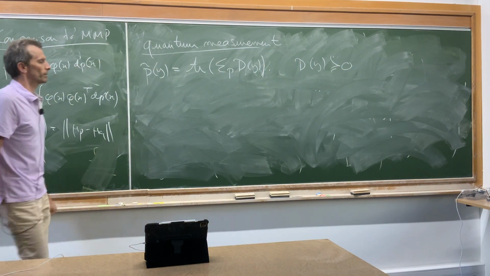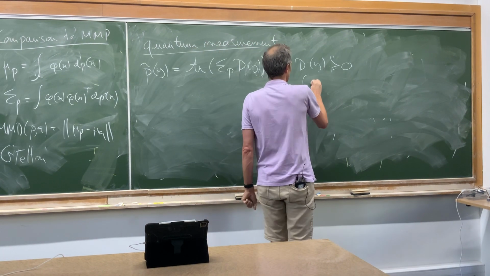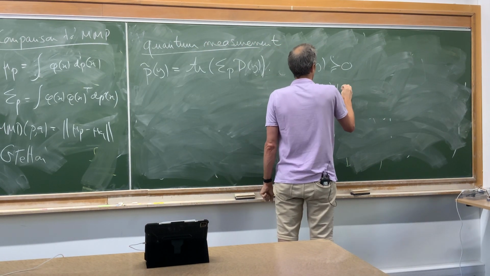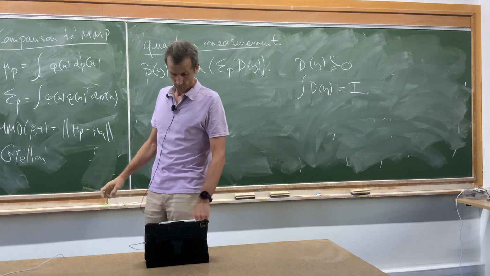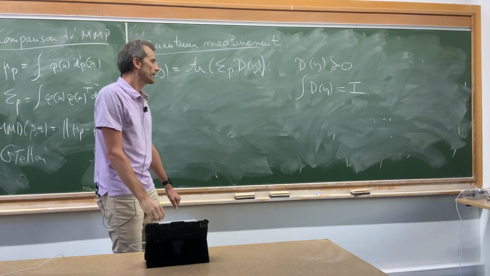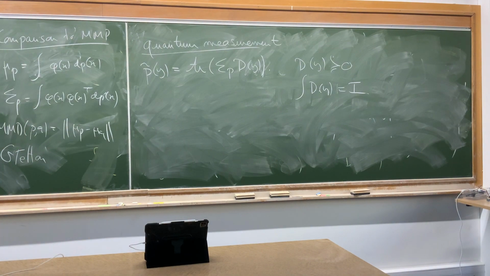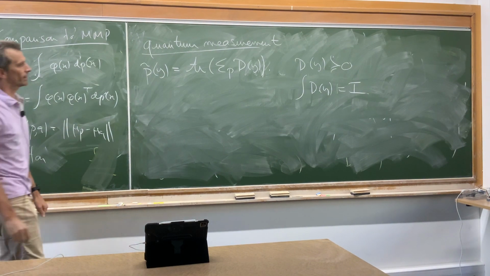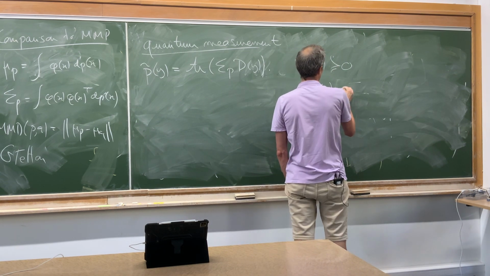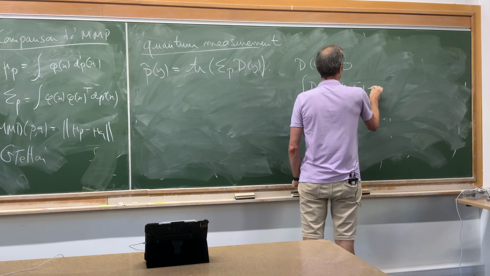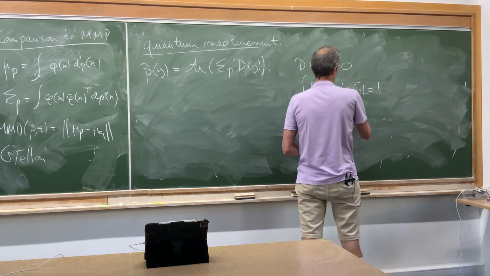To get a proper measurement, you need the integral of d of y to be equal to identity. So we define a uniform measure, let's call it tau, with d tau of y being identity.